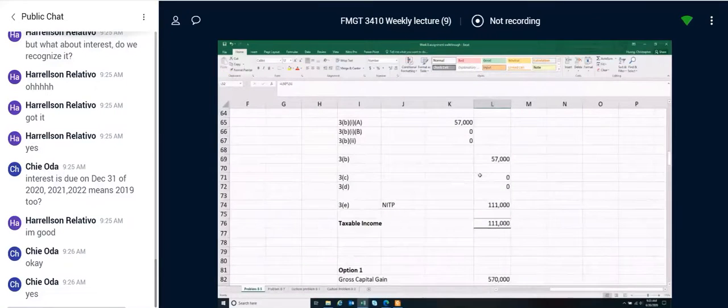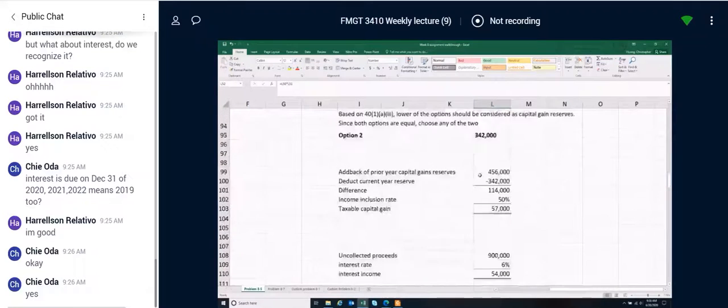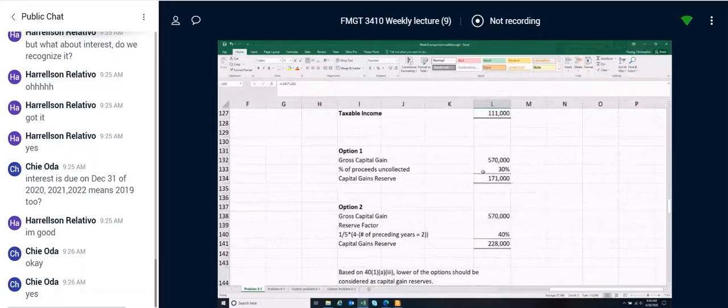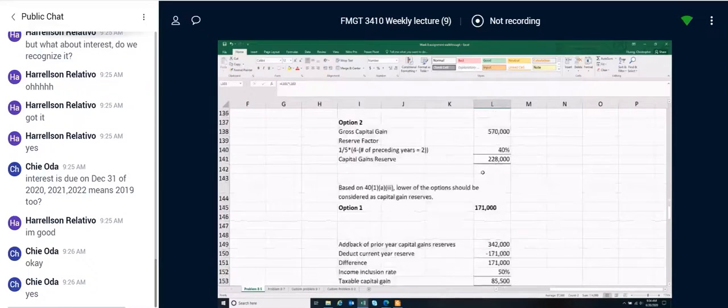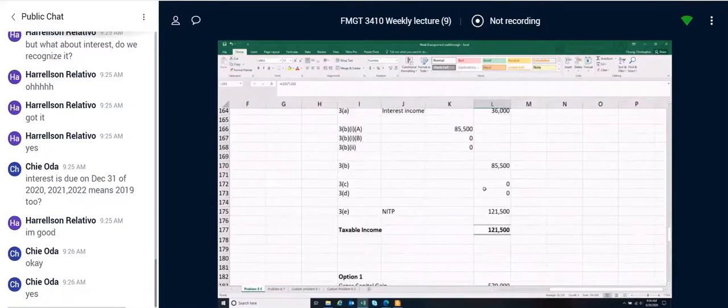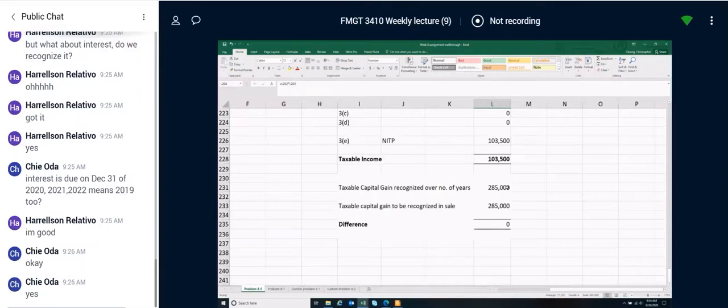Year two, we recognized 57. Year three, we recognized 85.5. And year four, we recognize 85.5. And the total of that, I don't know if you can see that, is 285. So we need to recognize 285. We did recognize 285. We're good.